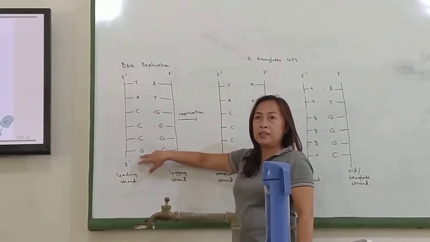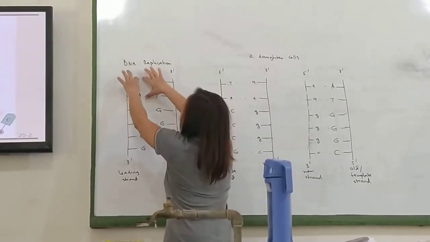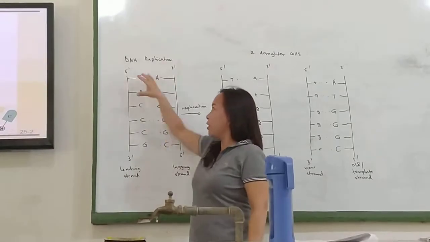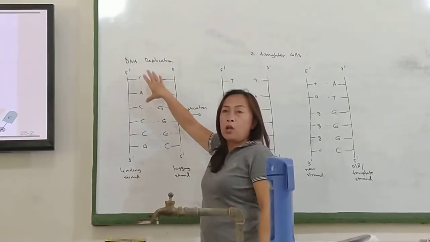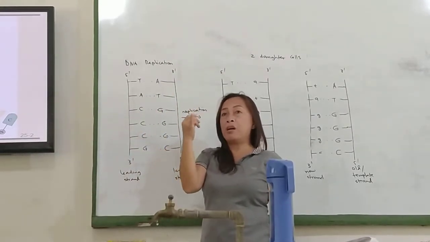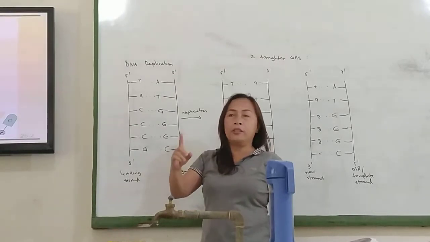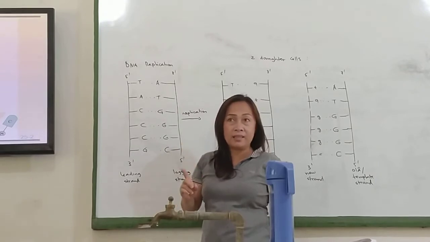Why? Say, for example, every 3 nitrogenous bases correspond to a particular codon. So one codon is composed of 3 nitrogenous bases, and every codon corresponds to a particular amino acid.